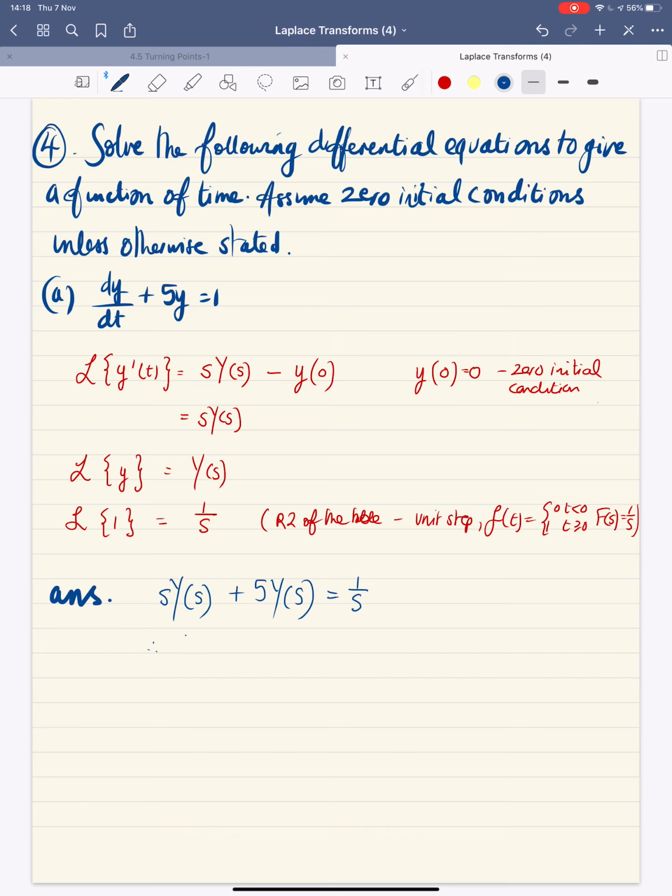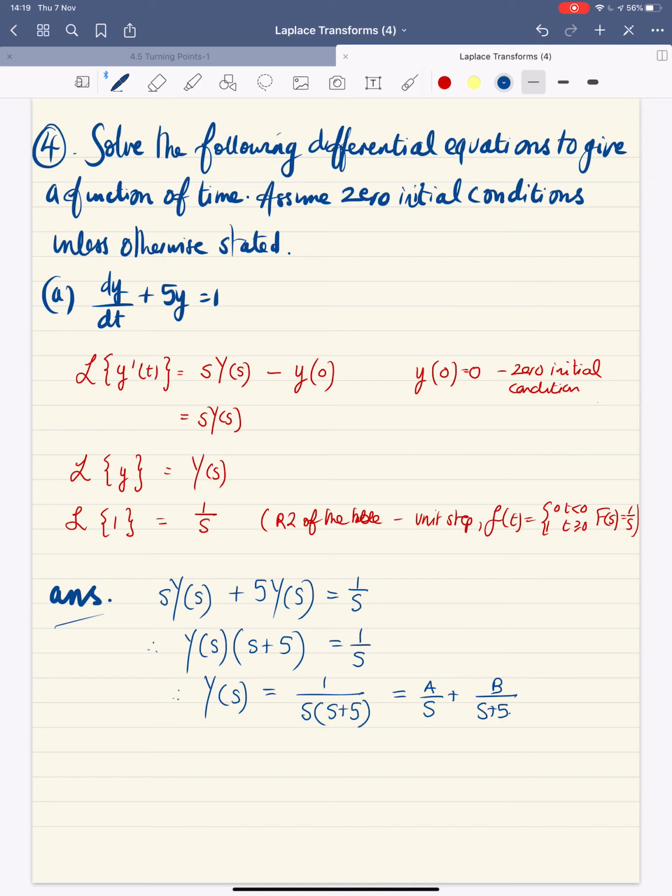Therefore Y of s times s plus 5 is 1 over s. So therefore Y of s is 1 over s times s plus 5. Now we need to separate this with partial fractions. So this is A over s plus B over s plus 5.